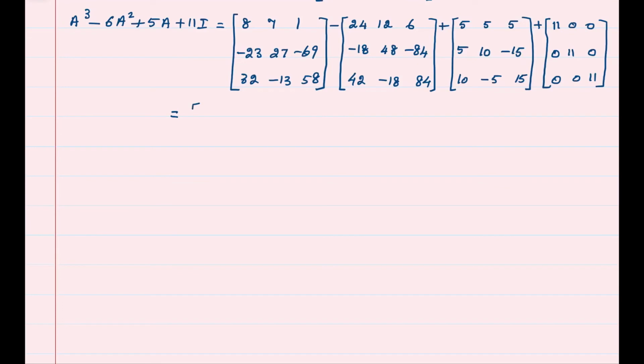We will subtract the first two matrices. 8 minus 24 is minus 16. 7 minus 12, minus 5, minus 5, minus 5, minus 21, plus 15, minus 10, 5, minus 26.